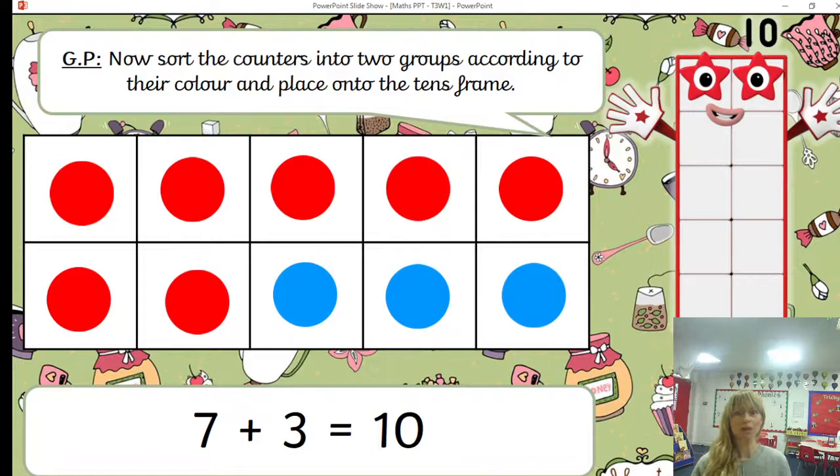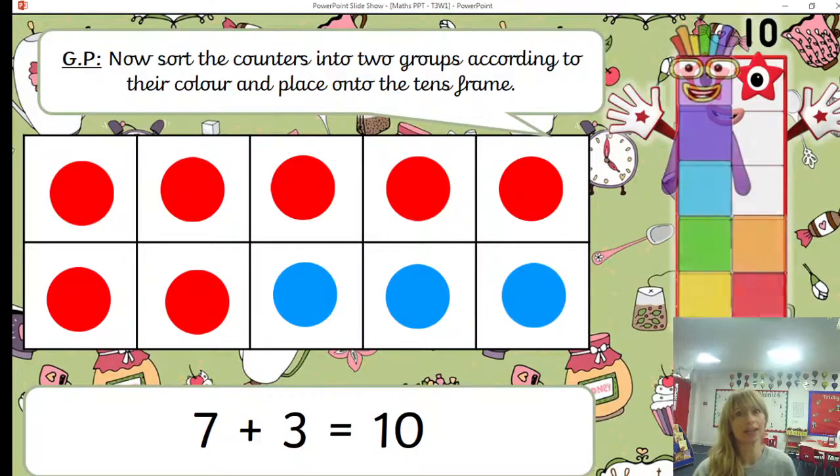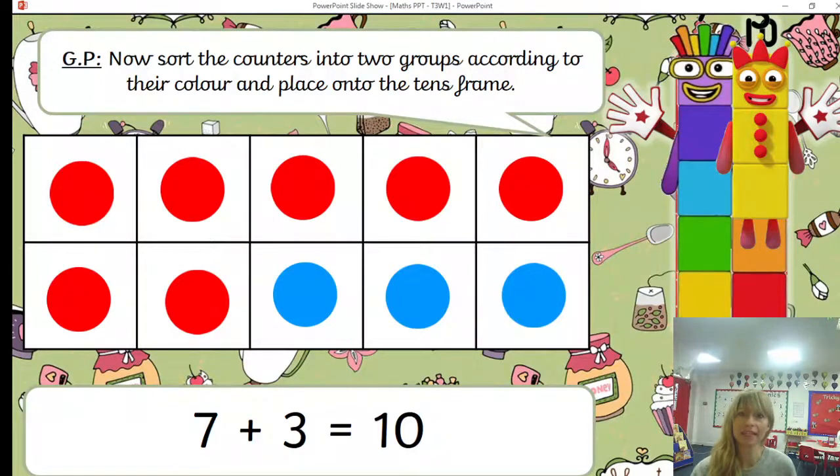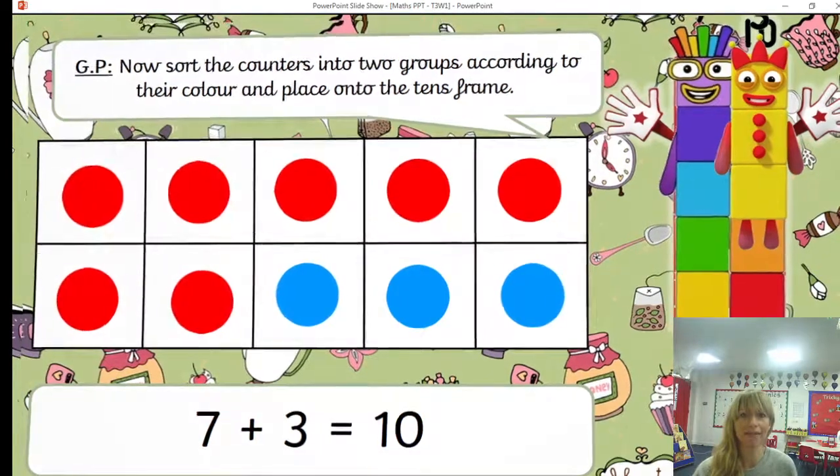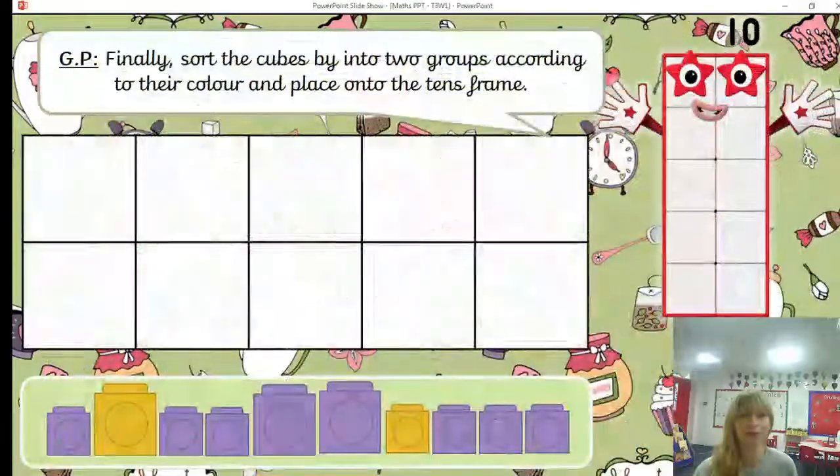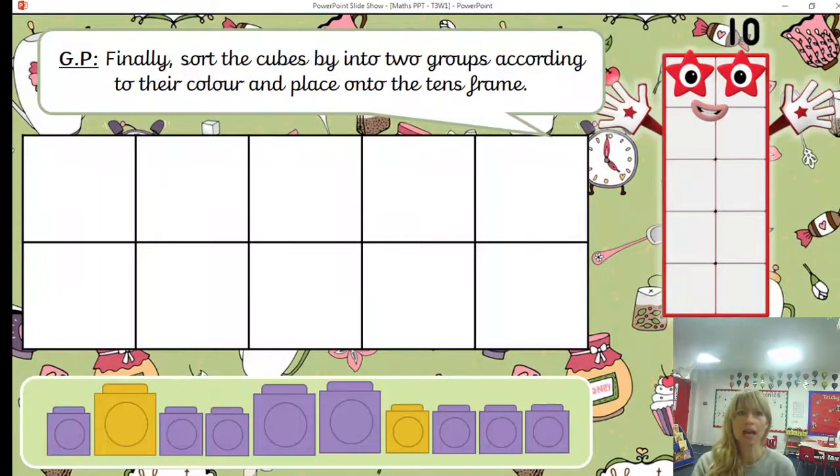Great work! Wonderful! You're doing a really good job. Okay, let's have a look at our number blocks covering up the number 10. Here we have 7 and 3 is the same as 10. Great job.